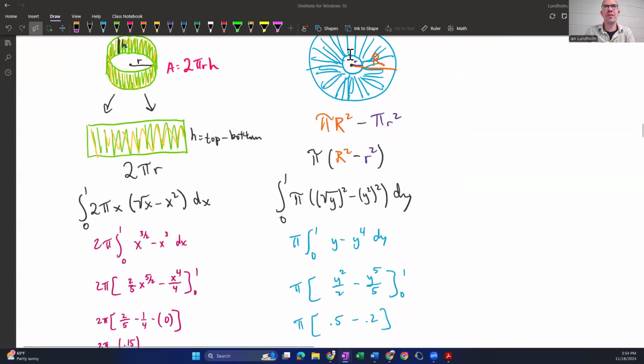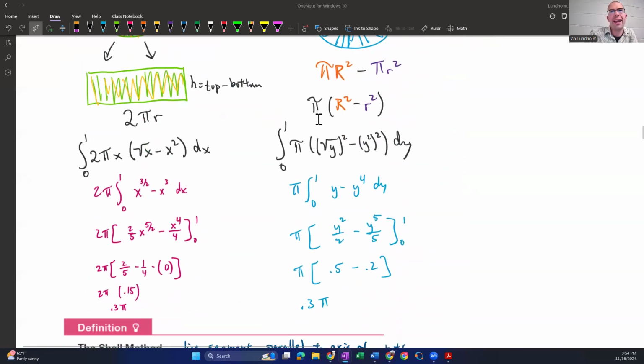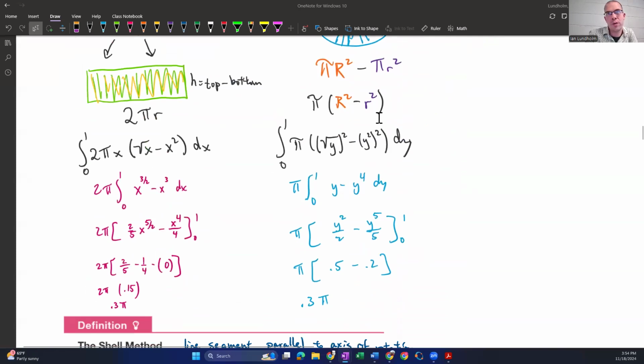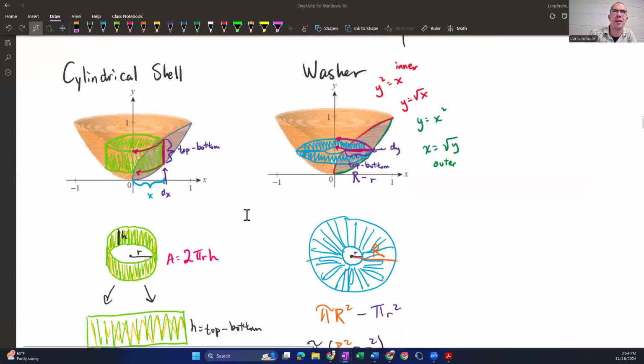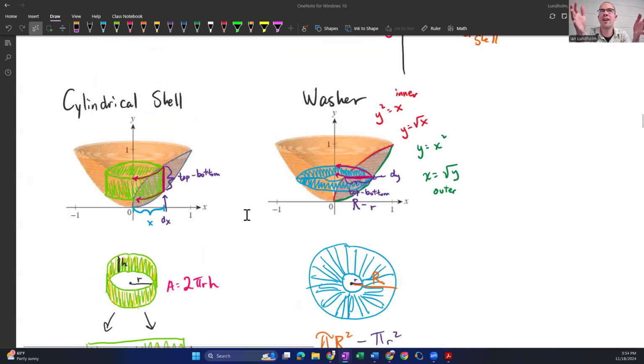When we've got a washer, we've got to worry about the inner radius and outer radius, but this is working well. And notice that once we square those things and we take an antiderivative and we use the fundamental theorem of calculus part 2, we get the same answer as what we did when we did cylindrical shells. So both of these ways are valuable.